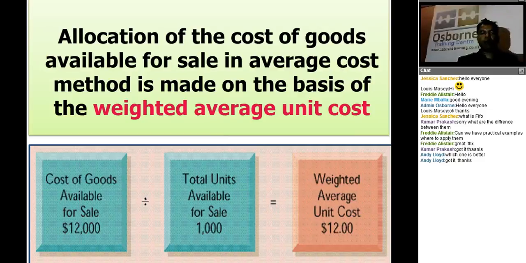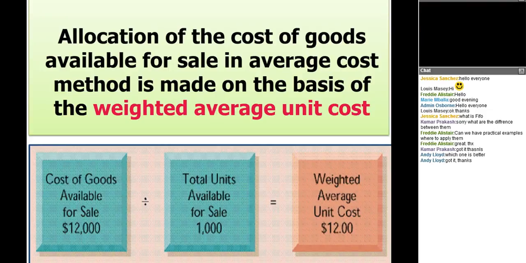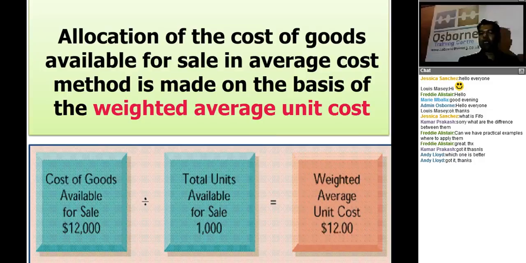A visual example. So here we are allocating the cost of goods that are for sale using the AAT method, or another term, the weighted average unit cost method. Here we look at the cost of goods that we bought, which are also available for sale, and we have $12,000, and this is 1,000 units.